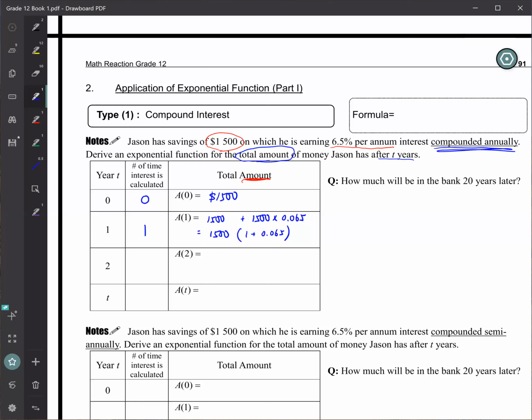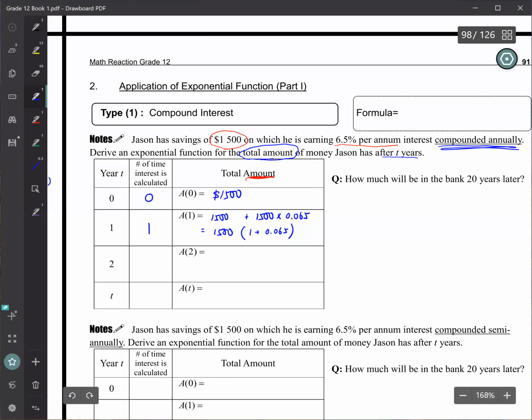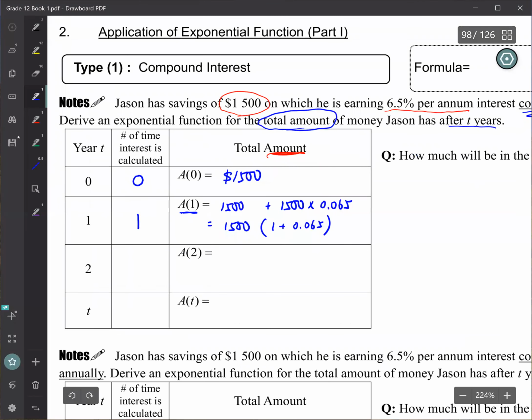Make sense? Now for the second year, because it's compound interest, we are going to take what you have in year 1. When you see A bracket 1, this is not A times 1. This means the amount after 1 year. So this is one item. The next one is the amount after 2 years.